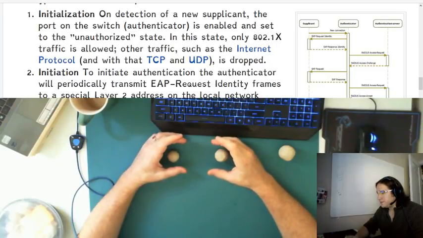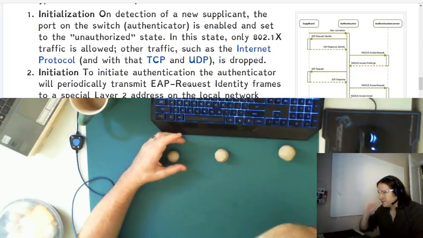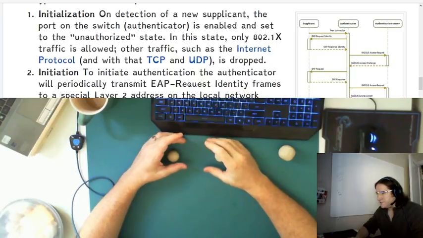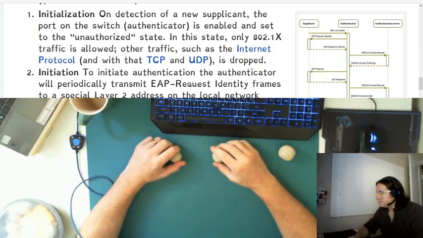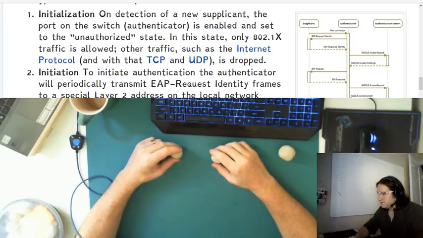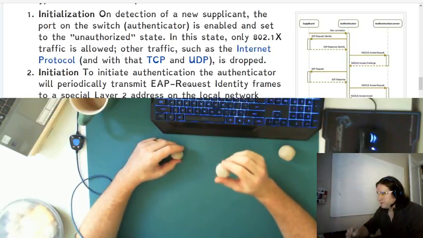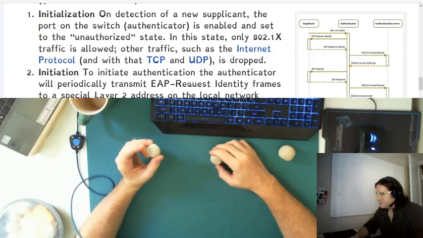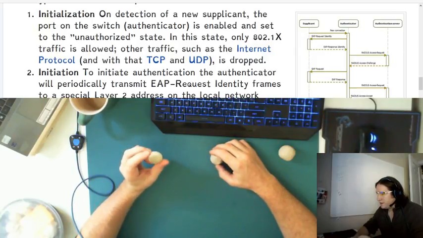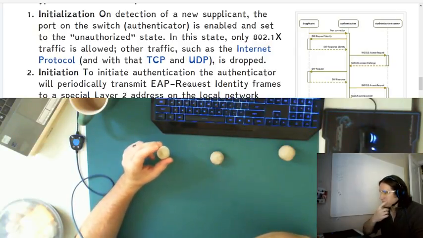The supplicant listens to this address, and on receipt of the EAP request identity frame, it responds with an EAP response. So the authenticator sends EAP identity frames.